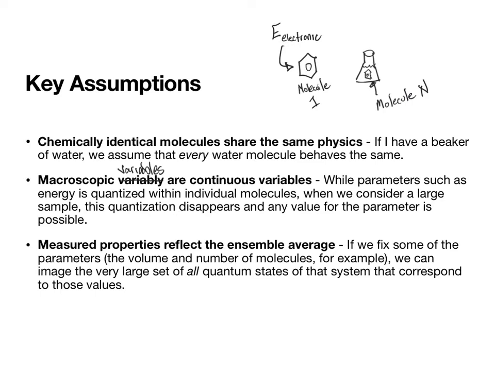This is true for that individual molecule. But when we consider the bulk or a large sample, the quantization disappears and any value is possible. So it's continuous, and the energy of the sample is no longer quantized.